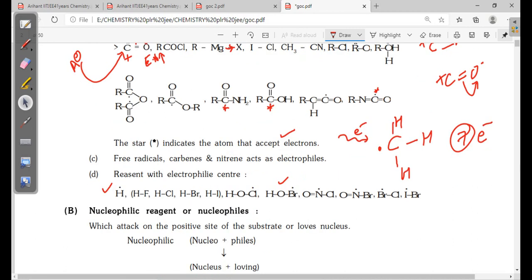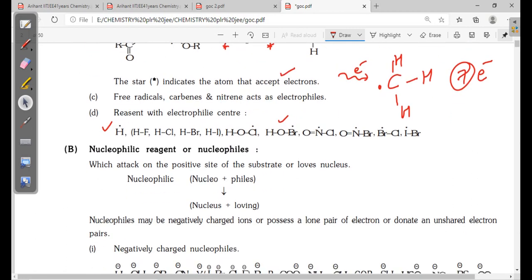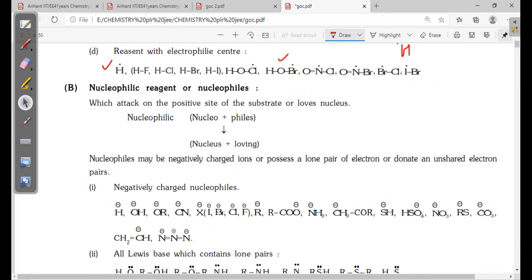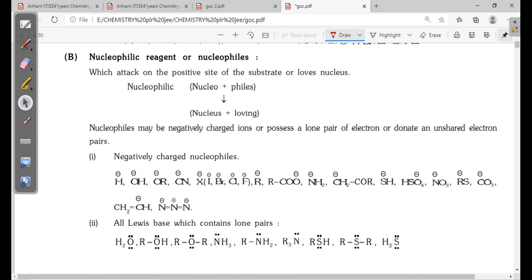Now, nucleophilic reagents are nucleophiles. What does nucleophile mean? Nucleo means nucleus, phile means loving or attracting. So it attracts the nucleus. What is the charge of the nucleus? This is the nucleus, so it has a positive charge.